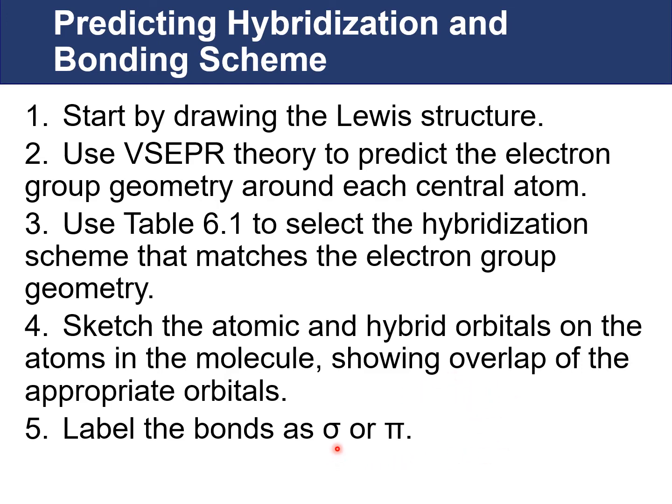Again, a sigma bond is one in which the orbitals are directly overlapping, and a pi bond is one in which the orbitals are perpendicular to the interatomic axis. They are perpendicular to where the primary bond is and occur through indirect overlap, typically via p orbitals.